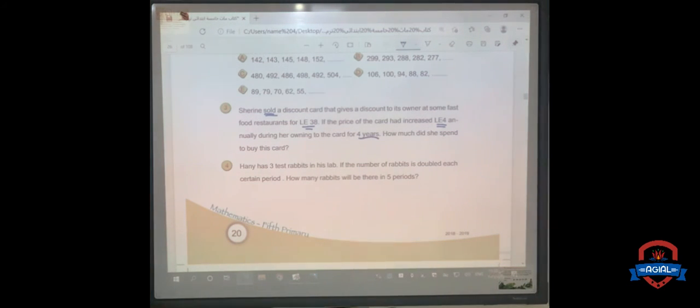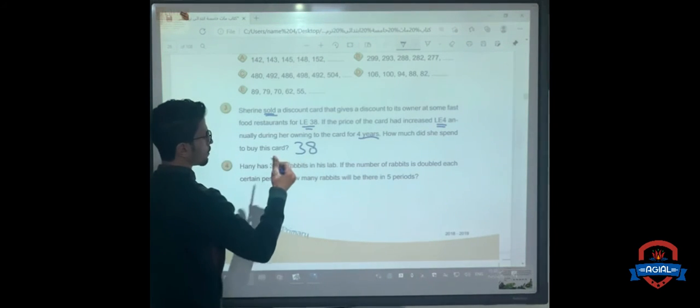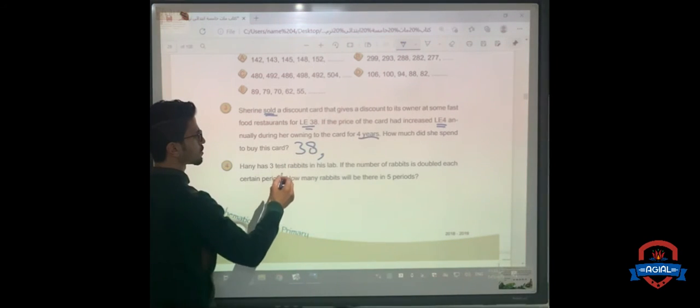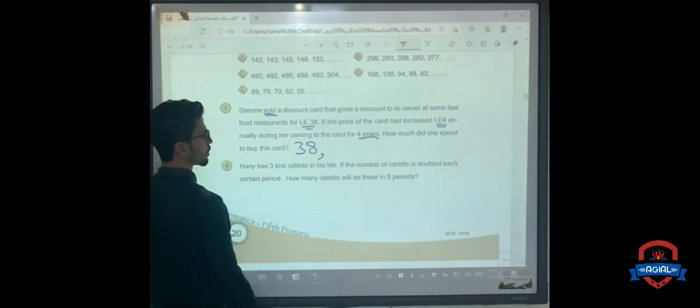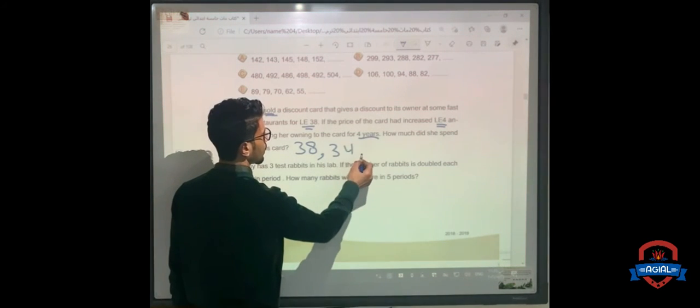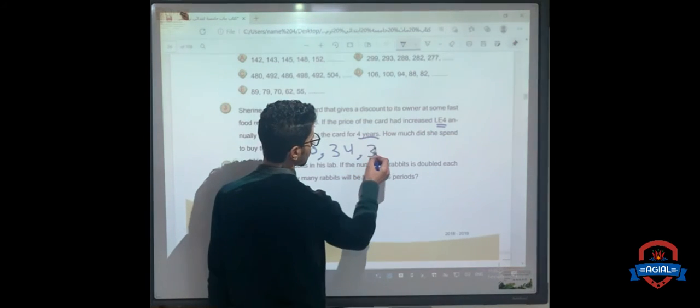So we have to say she sold this card for 38 LE, and before 1 year, we have to take 4 from 38, so 38 minus 4 equals 34, and 34 minus 4 equals 30.